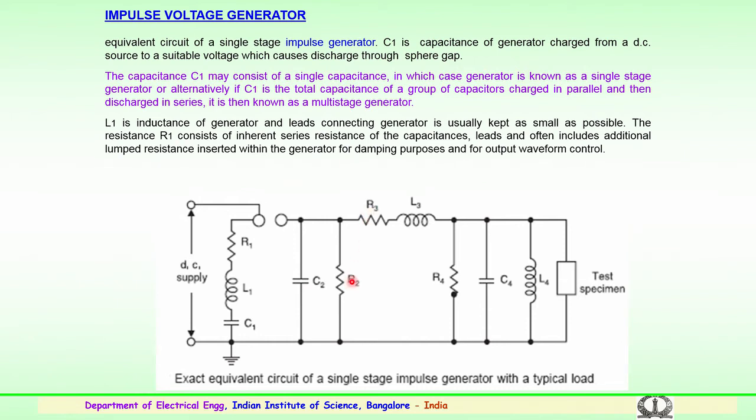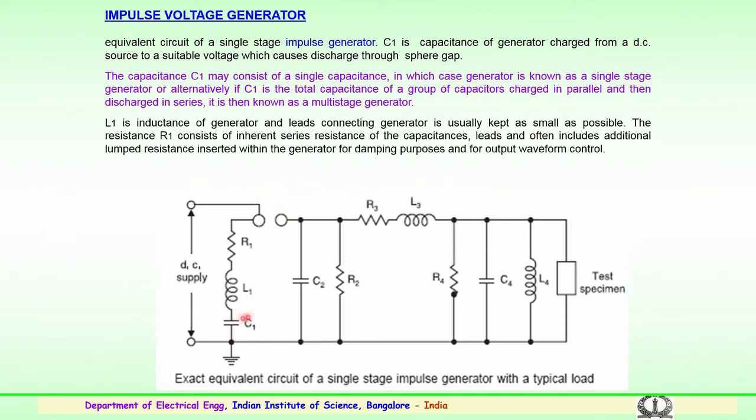R1, R2 and R3 are the wave shaping resistors. Here we can clearly see C1 is the capacitance of the generator, which is charged from a DC supply to a suitable voltage, and the charge accumulated in the capacitor will be discharged through the sphere gaps.